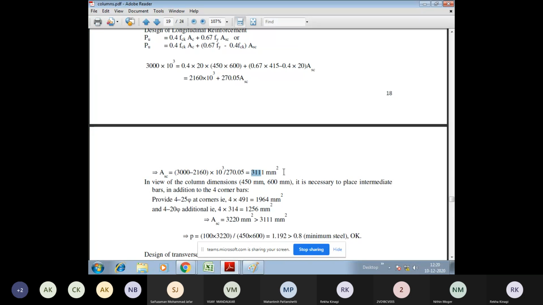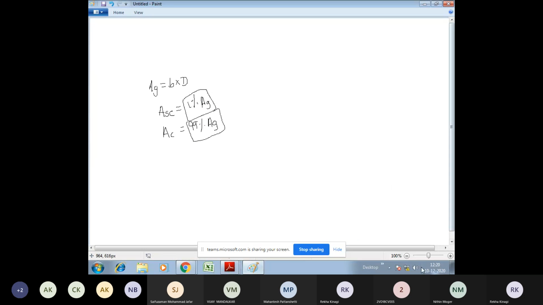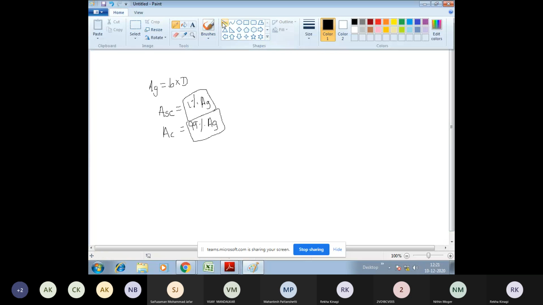After substitution, we can calculate the ASC value, and in view of the column dimensions, that is 450 mm by 600 mm, here let me use it.